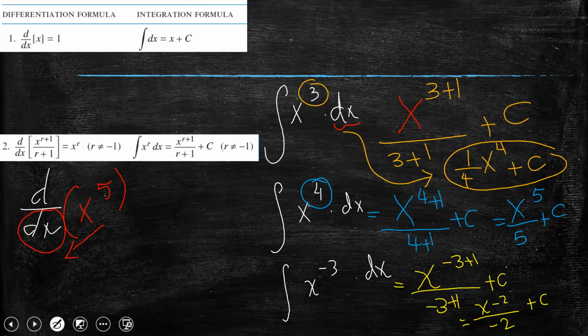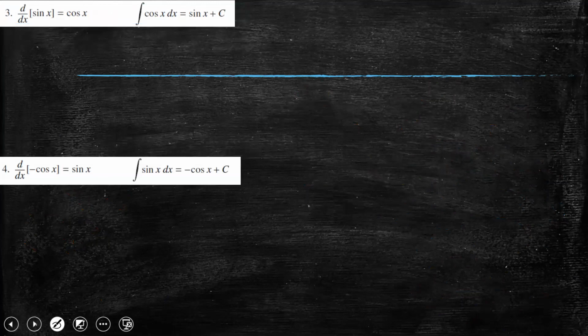So x raised to the power r plus 1 over r plus 1. Let's talk about the next one. Now, we know that the derivative of sine is cosine. So here you have the opposite.